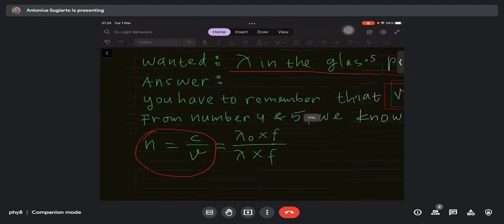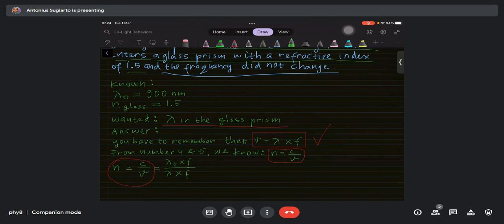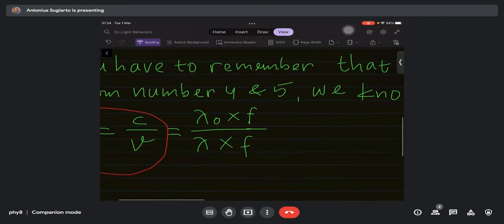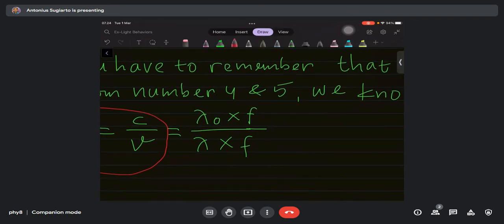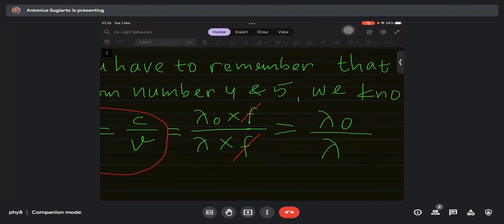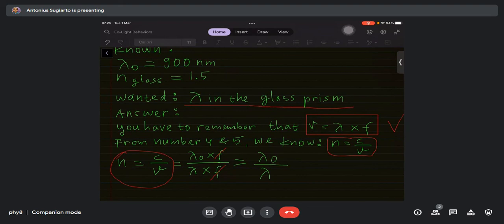We know from the question that the frequency did not change, so we can scratch the frequency because they are constant. Then we get lambda 0 divided by lambda.